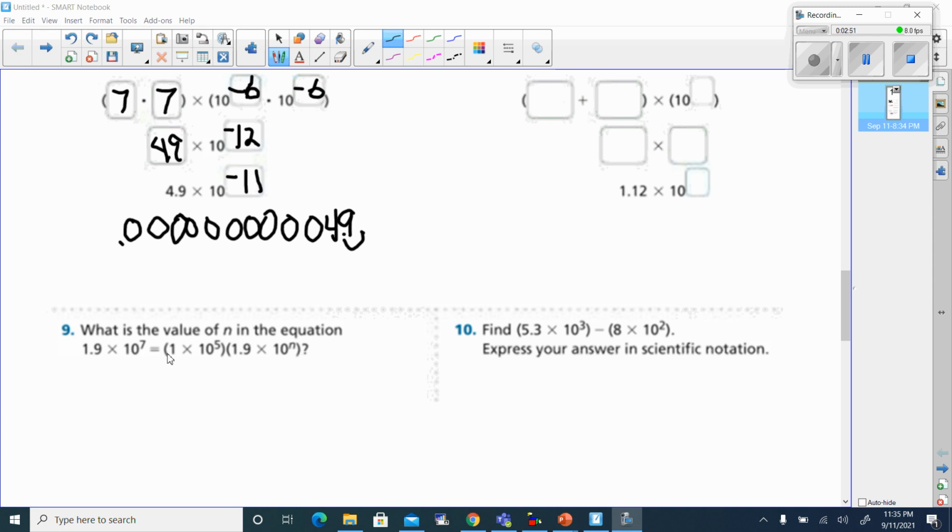We know that 1 times 1.9 will give us 1.9. And if our base is the same, we can add our exponents when we are multiplying. So if this is 5, I need a number that I can add to 5 that will get to 7, and that's going to be 2. So this means n is going to equal 2.